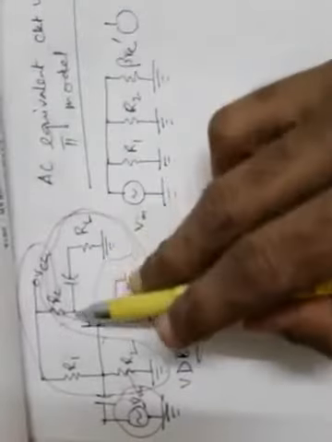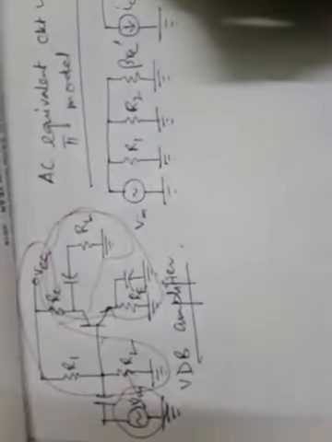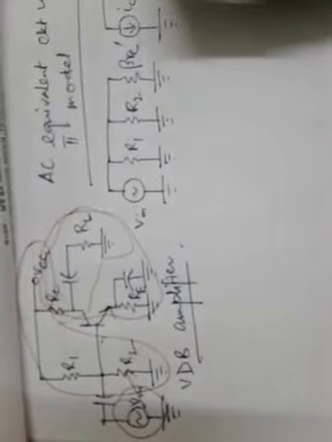Now let us draw the circuit of the output part. The collector base junction is represented by a constant current source of value IC. So this is a constant current source of value IC, and parallel to that RC and RL will be present, the two resistances in parallel to it. So this is RC and this is RL.